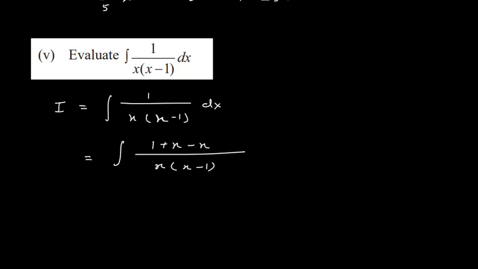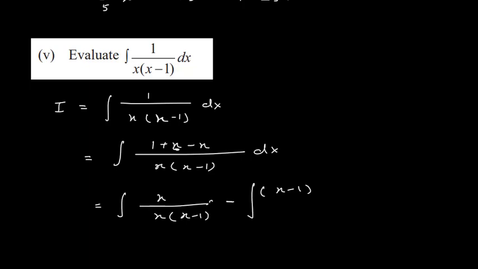Right? Then what you do, the plus x that you have written, you separate out. So it is x upon x into x minus 1, and the remaining part is 1 minus x, but in the denominator it is x minus 1. So let us take the minus sign common, so it will also become x minus 1. So minus I will split.